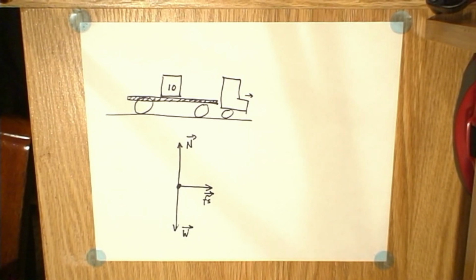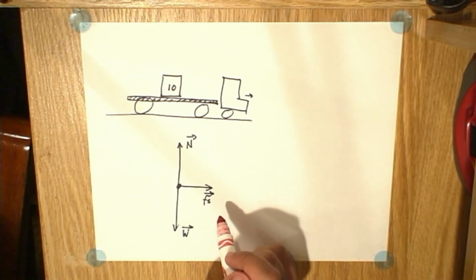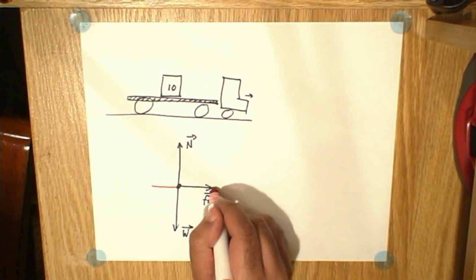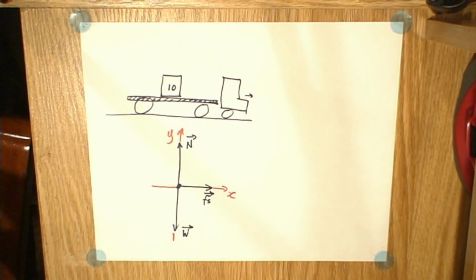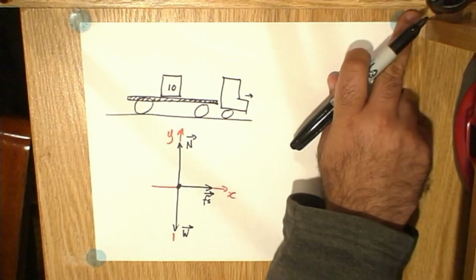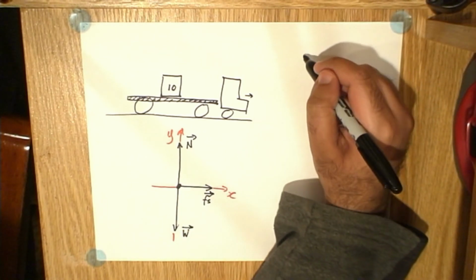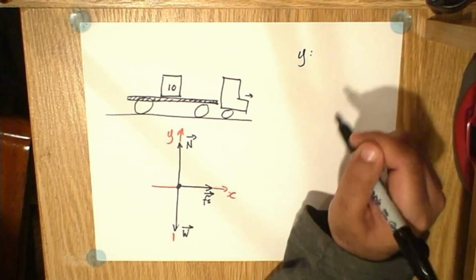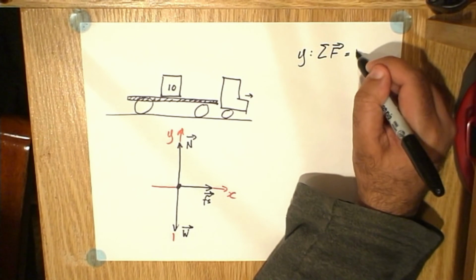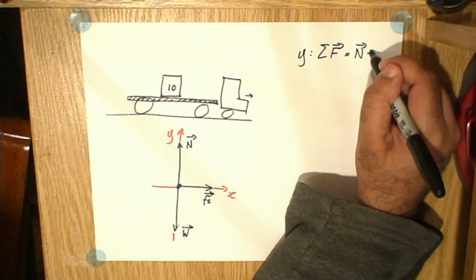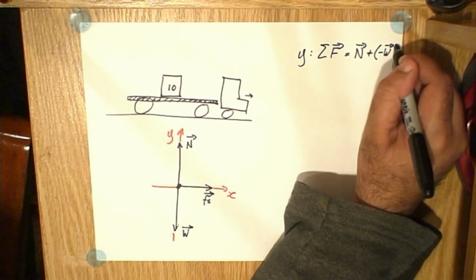Now, let's work out what the size of that friction force must be. I'm going to set rightwards as being positive and upwards as being positive. In the y direction, which we must always solve first in friction questions, the total force is going to be given by normal plus negative weight, as usual.